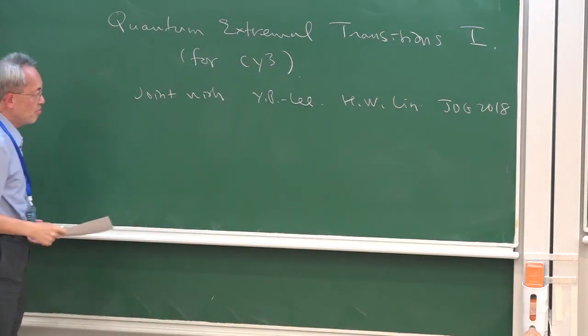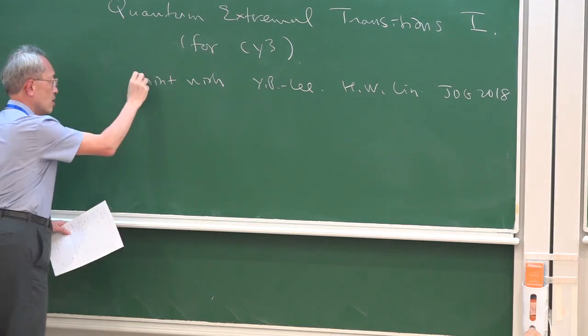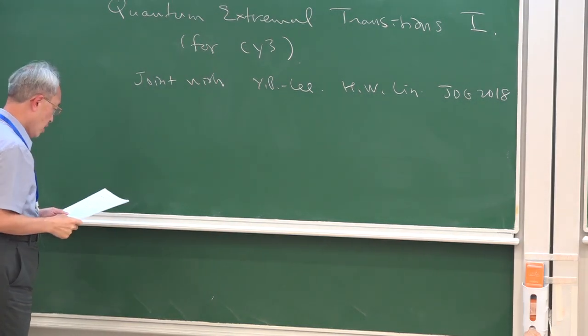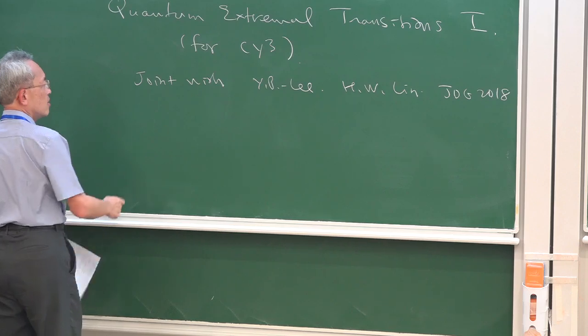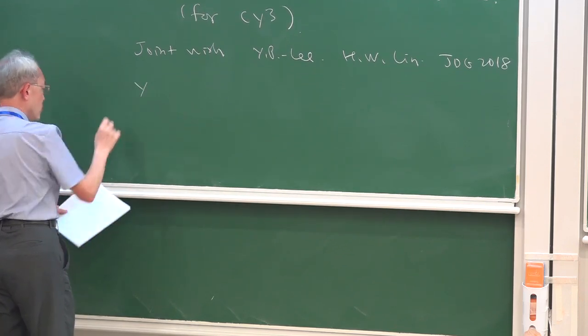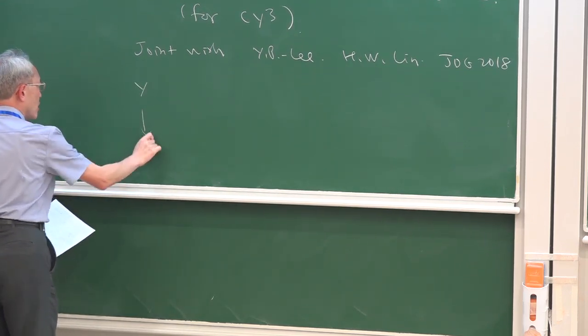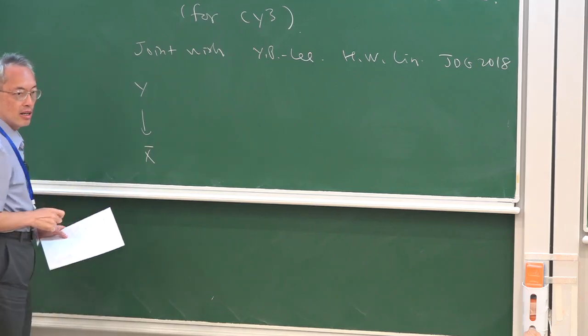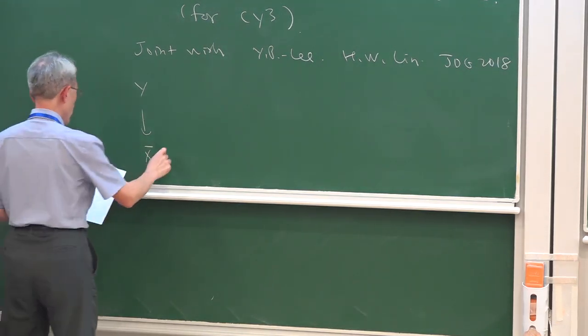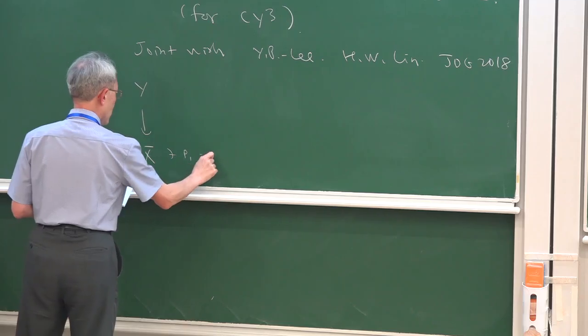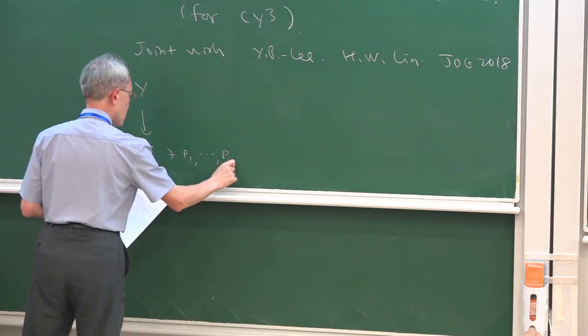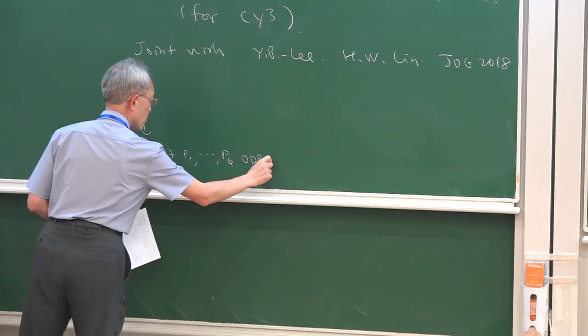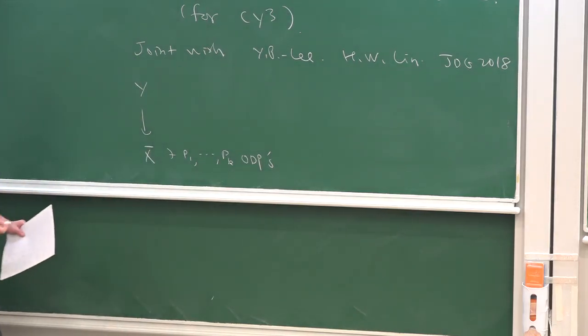Mainly, I will base on this paper. You have a Calabi-Yau threefold, and you contract it into another Calabi-Yau, which is singular, and suppose we get some finite number of ordinary double points.